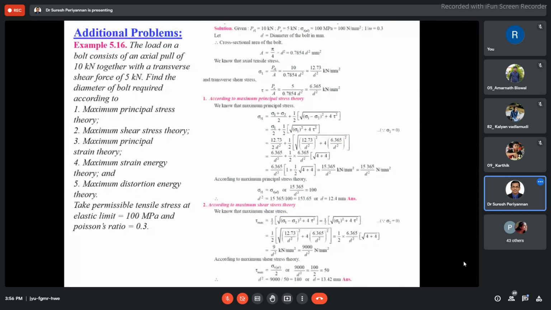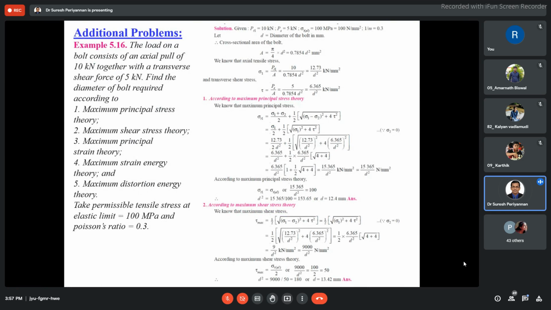Now, the load on a bolt consists of an axial pull of 10 kilonewton together with a transverse shear force of 5 kilonewton. When you are tightening the nut, you are applying the shear force of 5 kilonewton.